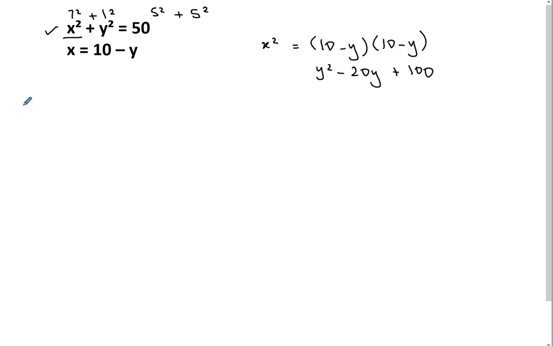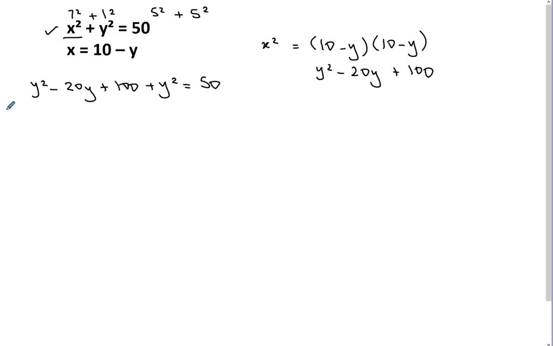Okay, so we're going to put it in there. So you're going y squared minus 20y plus 100 plus the y squared equals 50. You must underline that because you don't want to forget to add the extra y squared.